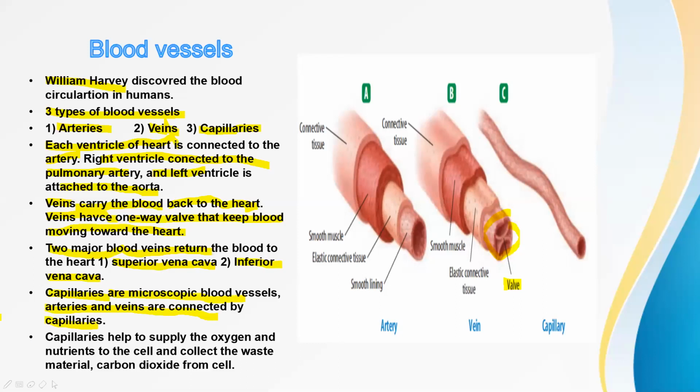The capillaries that come from the artery help to supply oxygen and nutrients to the cell, and the other type of capillaries, which connect to the veins, collect the waste material and carbon dioxide from the cell. So these are the blood vessels.